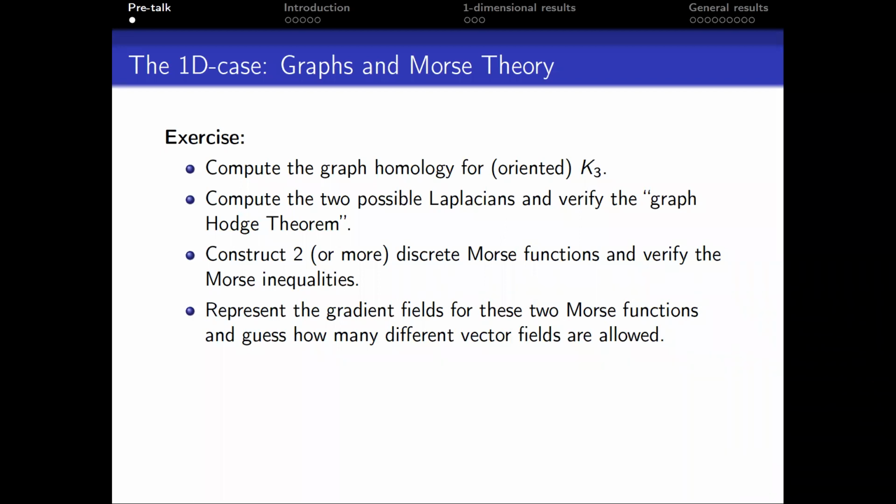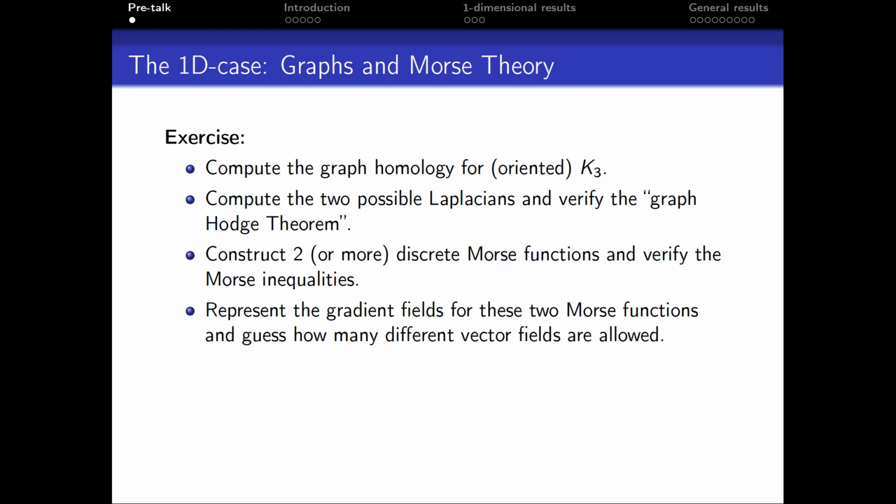And by critical I mean like local max or local min. Which one will have more critical cells, this one or this one? How many critical cells? 6, yes, everything is critical here.